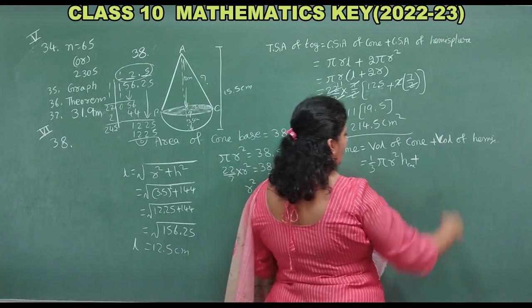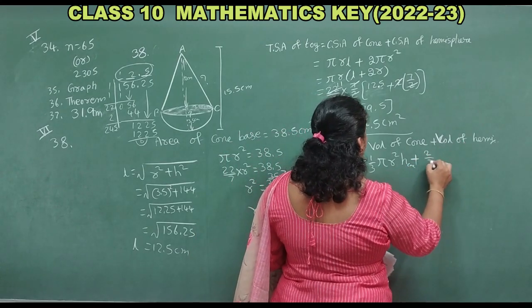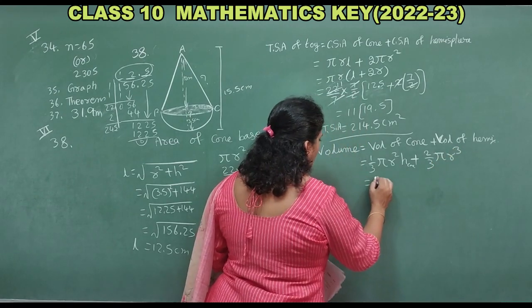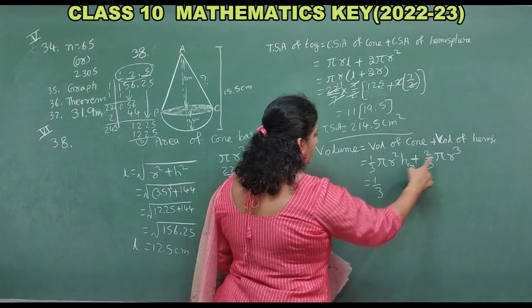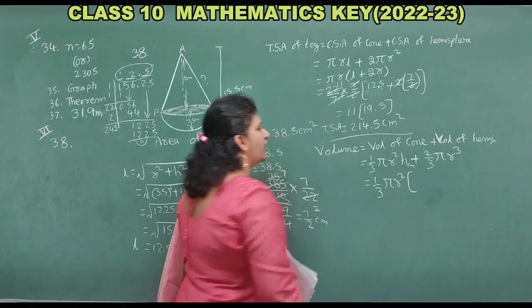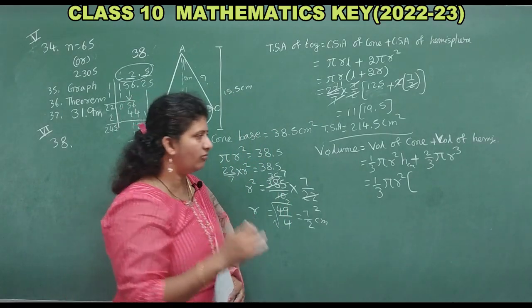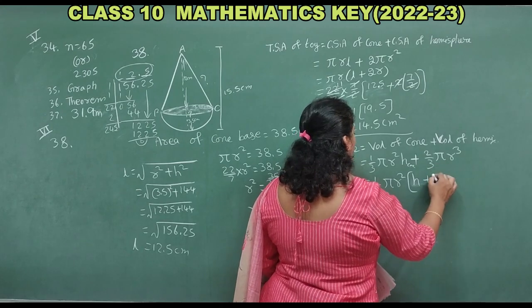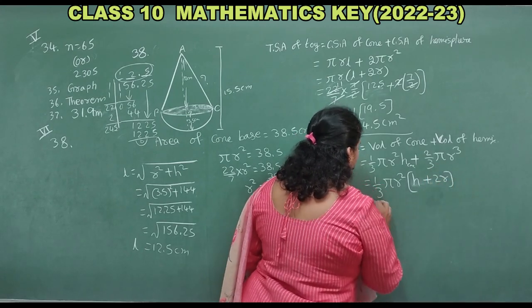And volume of a hemisphere means 2 by 3 pi r cube. Now 1 by 3 pi r square is common, children. If it is common, you can take it out. So what is left here? Height of the cone plus 2r is left inside the bracket.